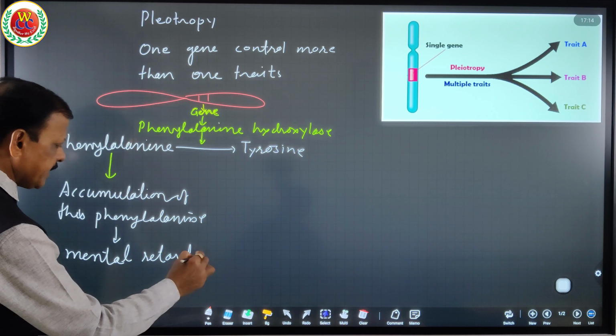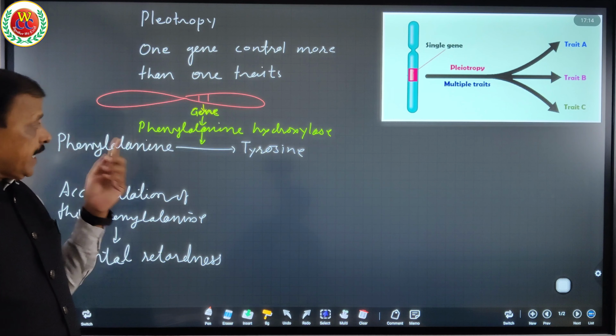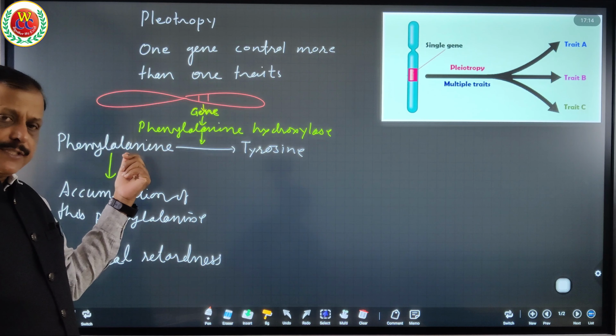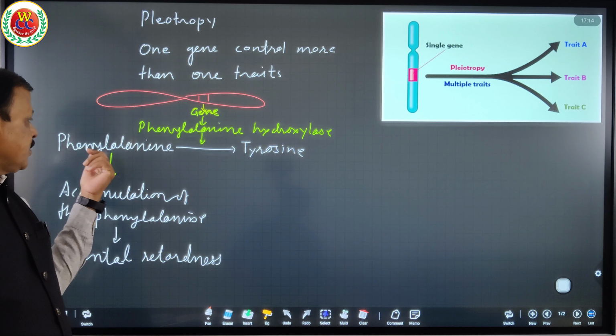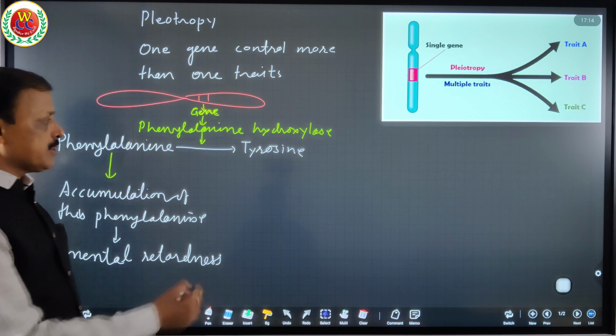This is one expression of a gene if it is in recessive form. If it is in dominant form, it will catalyze the conversion of phenylalanine into tyrosine, and if not, then this disorder will be produced.